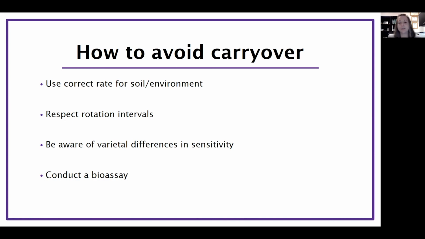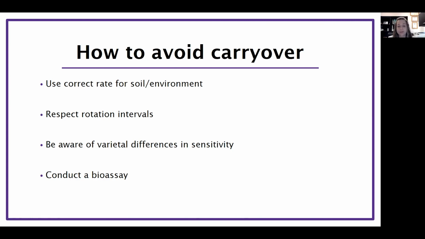So here in Kansas, we talk a lot about using those sunflower or soybean varieties that are not sensitive to some of our residual herbicides that we use in wheat. So that can be important. Another example of varietal differences would be things like soybean or wheat differential responses to metribuzin. So just be aware of that and double check with your seed source if you have any doubts.